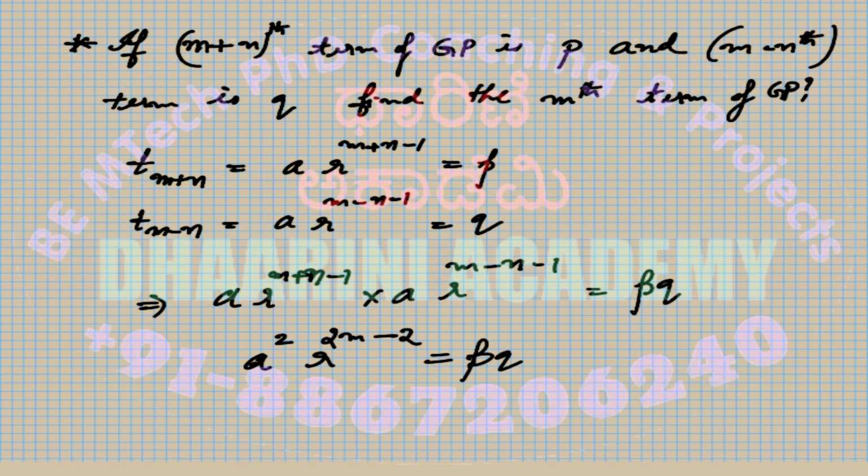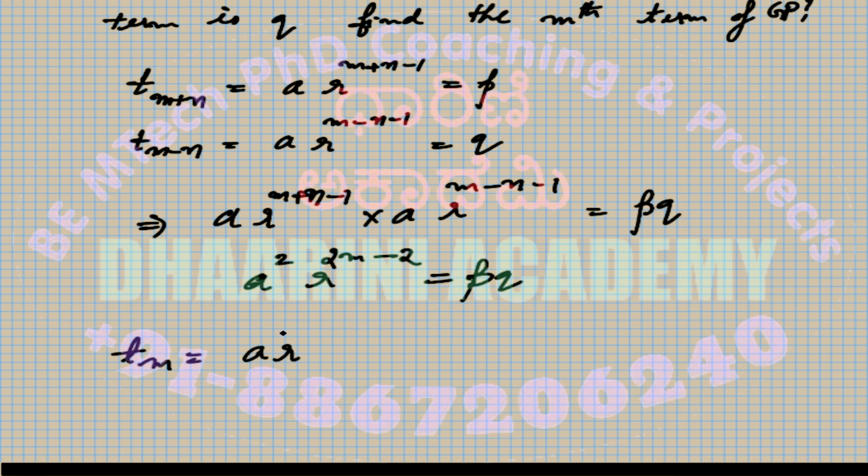So if my intention is to calculate the Tm, it has to be A into r to the power m minus 1, right? So from the above equation I have to take a root on both sides. That is A square into r to the power 2m minus 2 is equal to PQ.